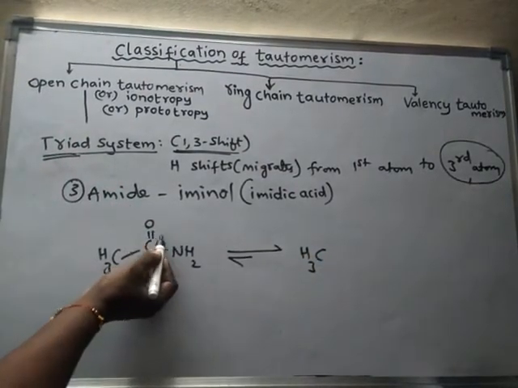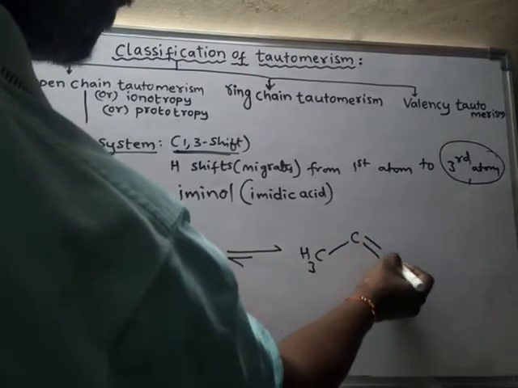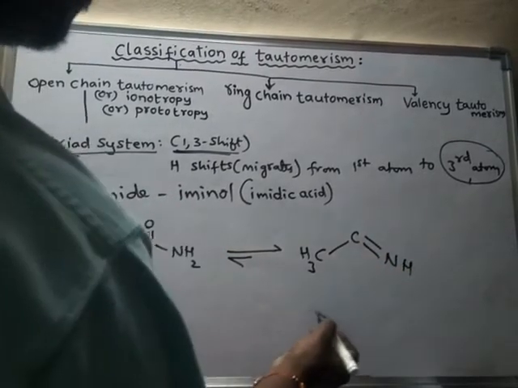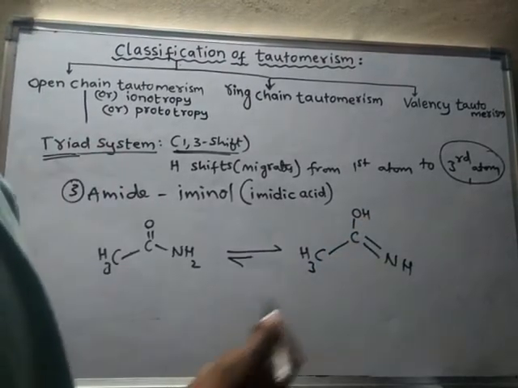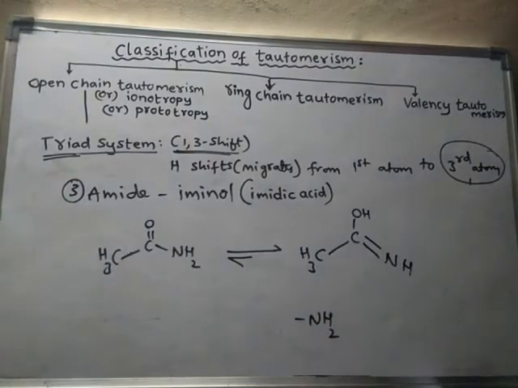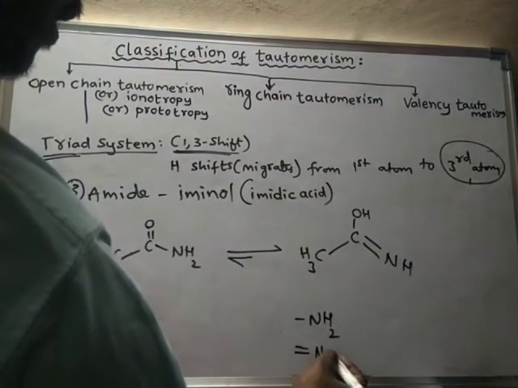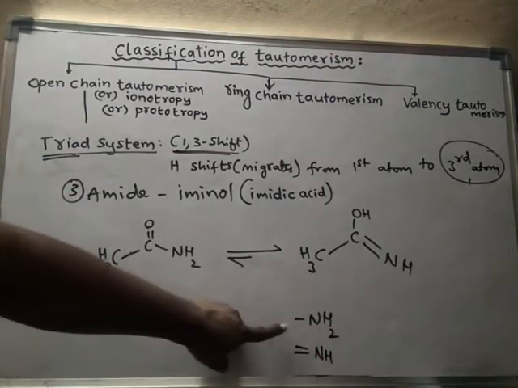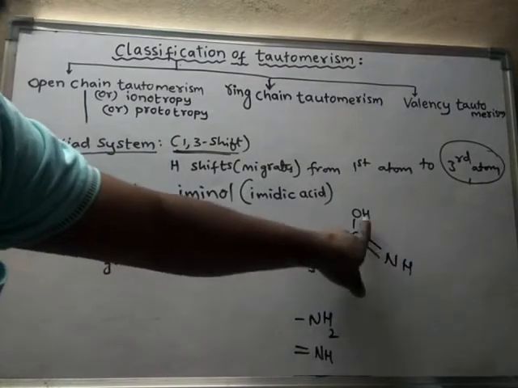See, the double bond will shift here between carbon and nitrogen. A double bond is formed, and now only one hydrogen is left over, and this will form the ol. This is called an amine, and this is called an imine. So here imine is present and ol, imidol.